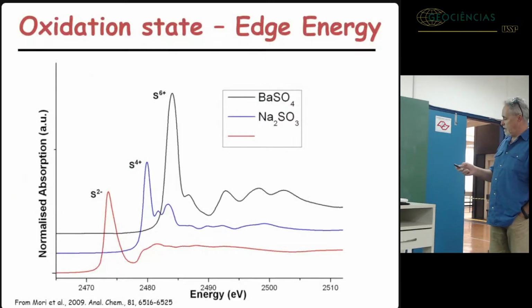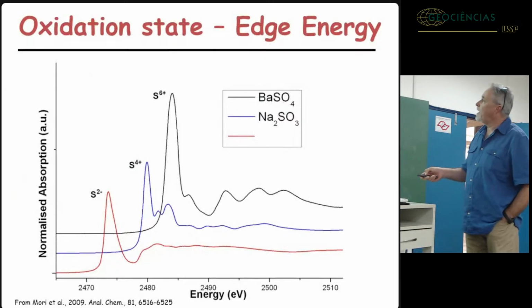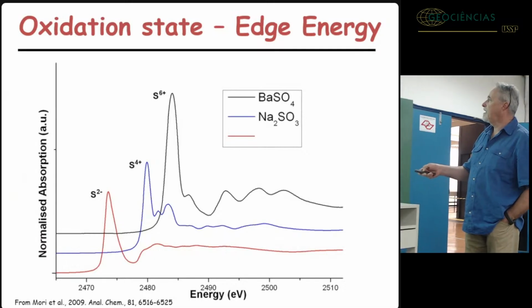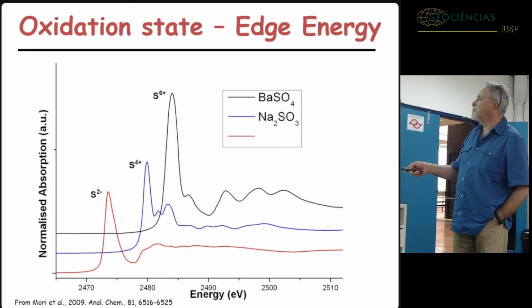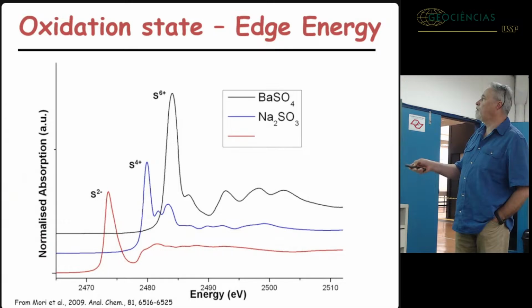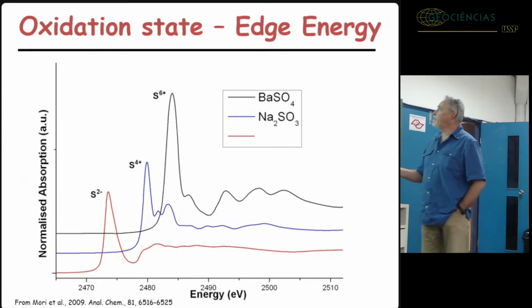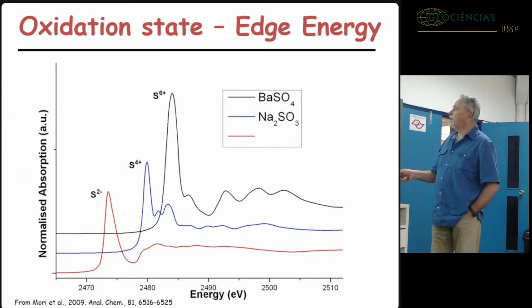This is a normalized absorption spectra, which means that we normalize the difference between the background here and the average of this region here to 1, so that we can compare the spectra in a similar way. And here there are spectra of different sulfur compounds, from a sulfide to a sulfite to a sulfate.